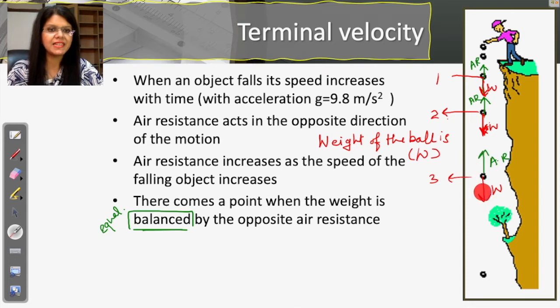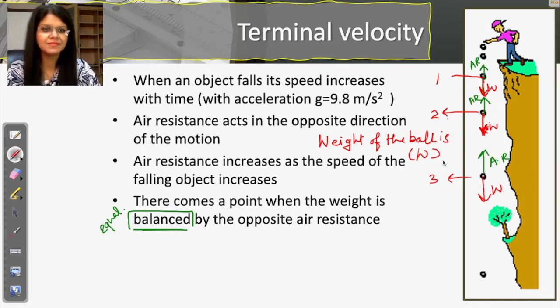So what is the resultant force now on this object? How do you add force vectors which are precisely opposite in direction? You subtract them. So how much is the resultant force at location 3?